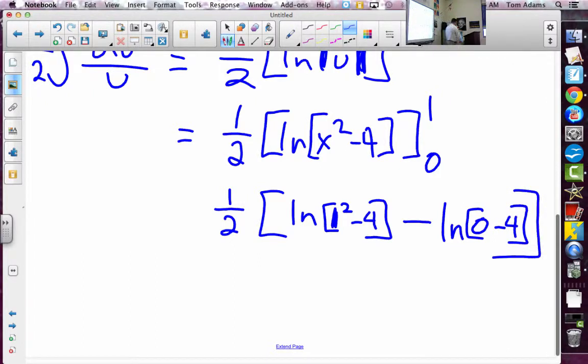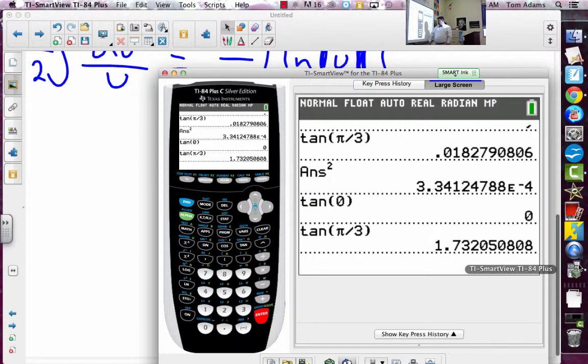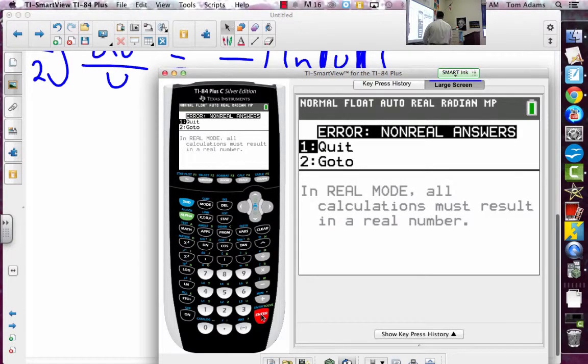So that becomes 1/2 times the natural log of -3 minus the natural log of -4. You might be tempted to come into your calculator and enter that, and you'll get no real answer.